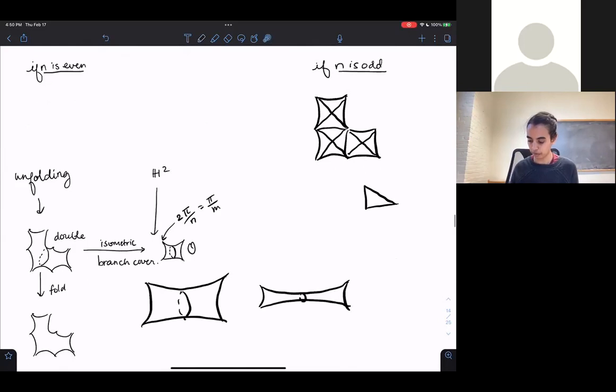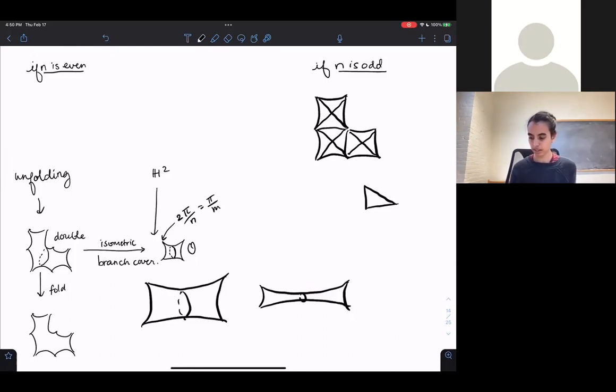I can't deform it like I could deform this one. And so because of that, this case is actually rigid. So you cannot deform the metric without disturbing the bounce spectrum in this case.